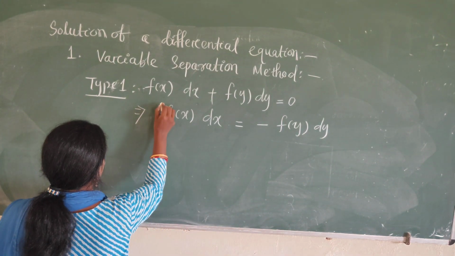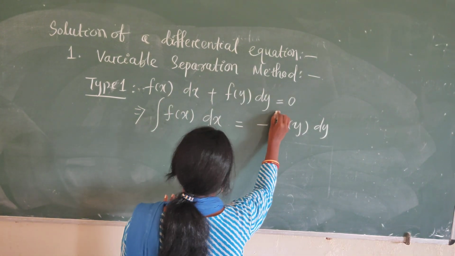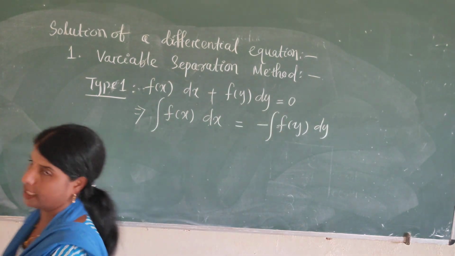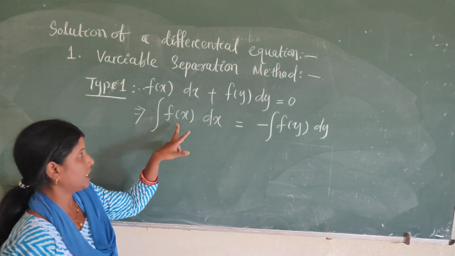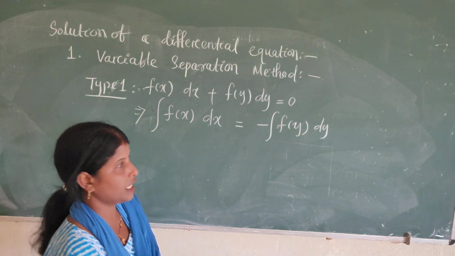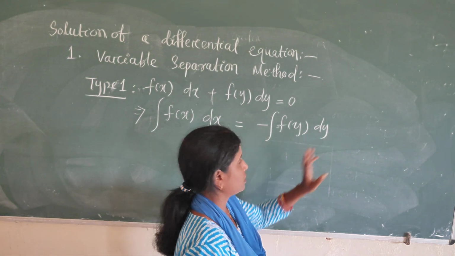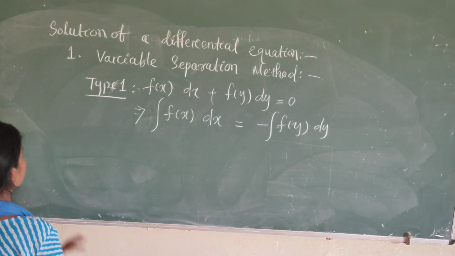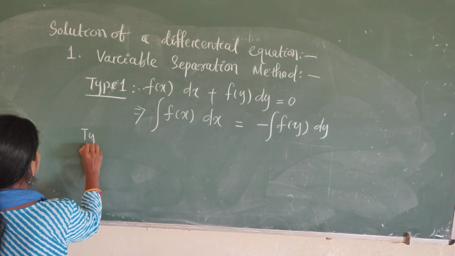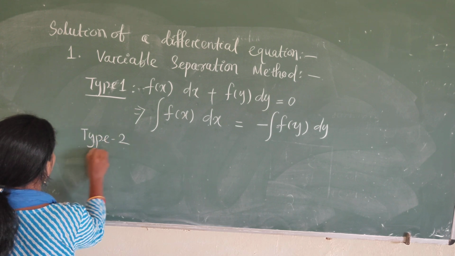Then we have to integrate on both the sides. Always we have to integrate f of x with respect to dx and f of y with respect to dy. Then I am going to type 2.